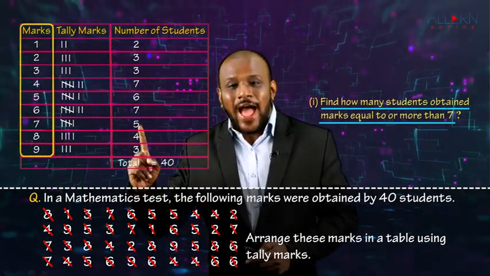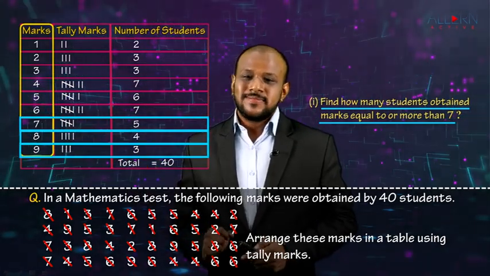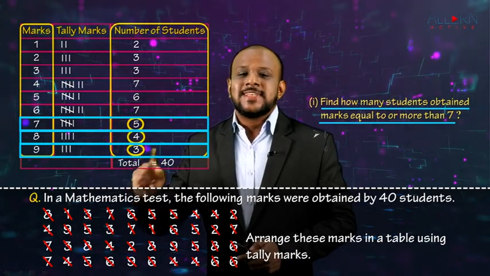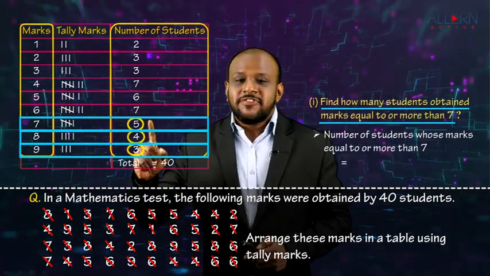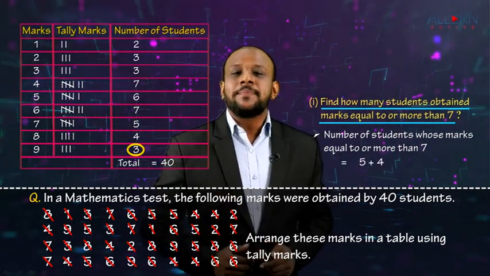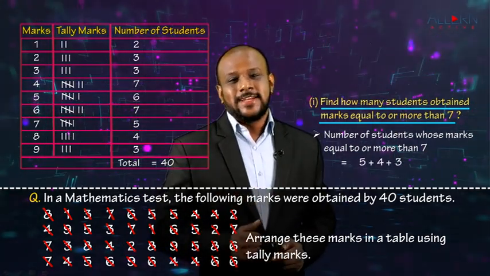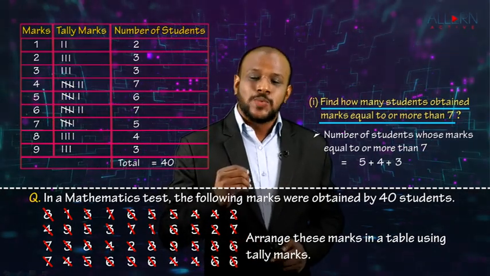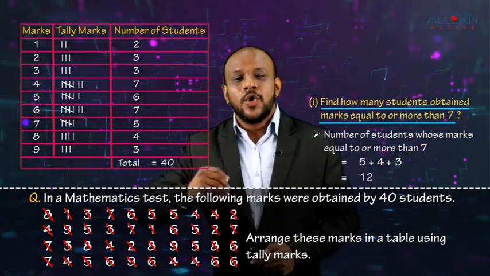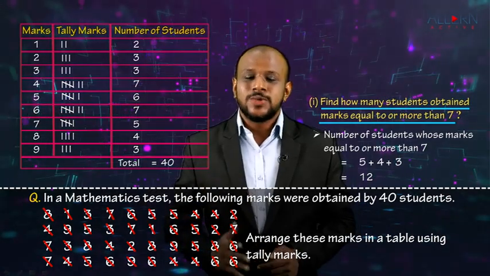So we just have to add these 3 values. So it is 5 plus 4 plus 3. What is 5 plus 4? It is 9. And 9 plus 3 is what? 12. So we can say 12 students have scored more than or equal to 7.